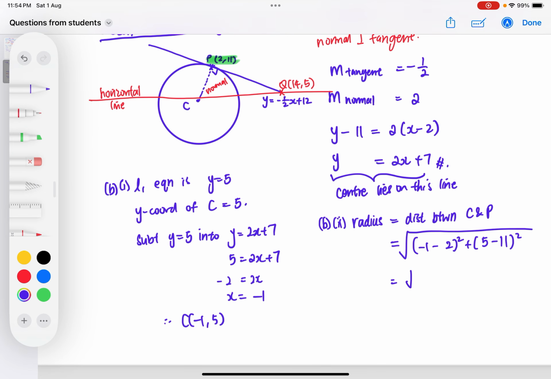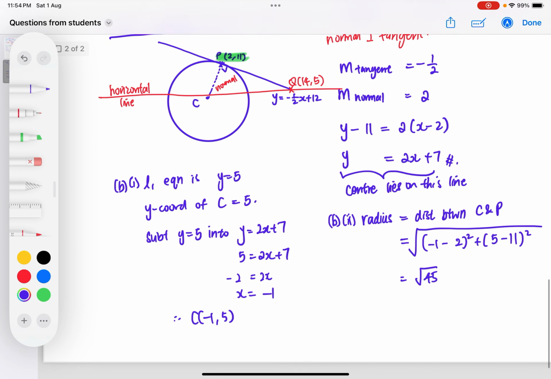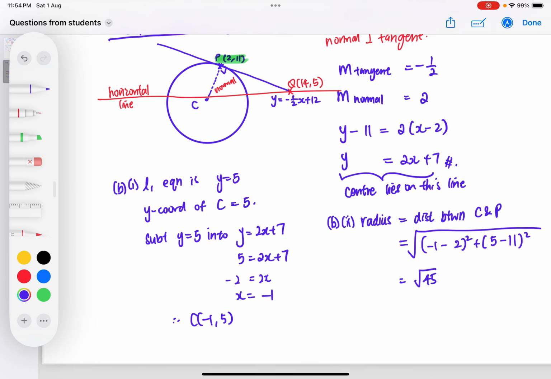And that would give us the square root of 45. Don't need to go and calculate the decimal and all that. You can leave it in exact form. This is A-math.